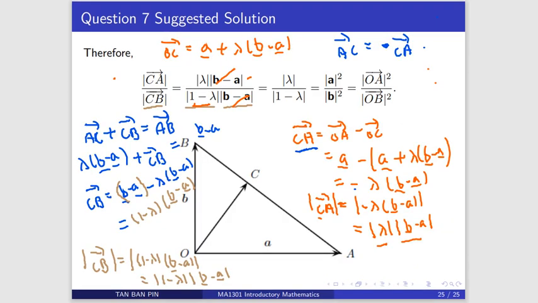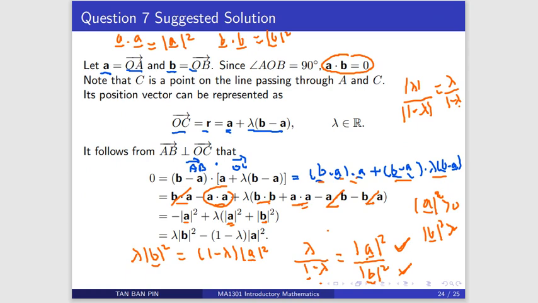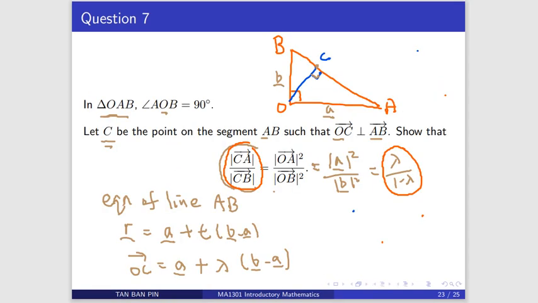So after you cancel the length of B minus A, you get lambda over 1 minus lambda, which is same as what we had earlier for magnitude of A squared over magnitude of B squared, which is lambda over 1 minus lambda. With that, we show what we want to show.